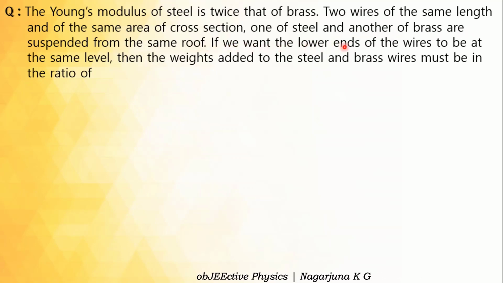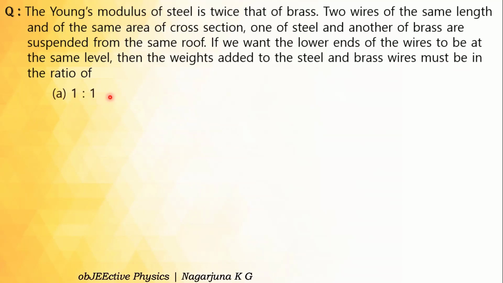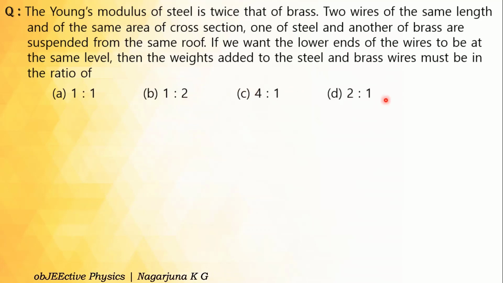If we want lower ends of the wires to be at the same level, then the weights added to the steel and brass wires must be in the ratio of option A 1:1, option B 1:2, option C 4:1, option D 2:1. Solution.